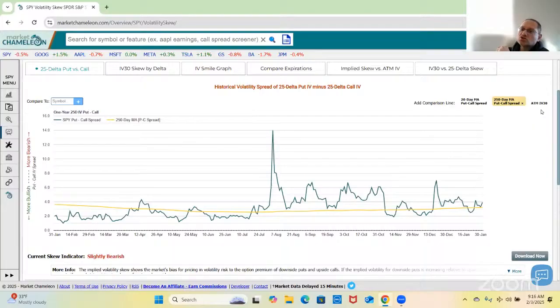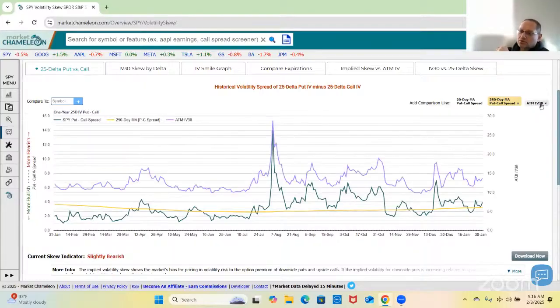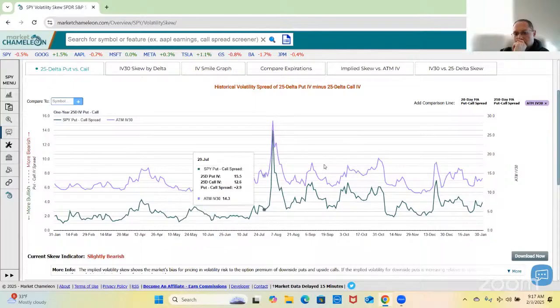So we could just plot the 30-day at-the-money IV. And here we could see the blue line is the at-the-money implied volatility versus the skew.